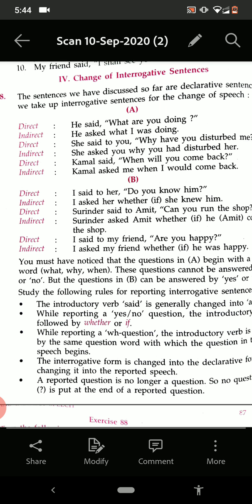Similarly in the B part, you see, I said to her, "Do you know him?" Then said to is changed into asked. I asked her. The answer can be given in yes or no, so we will use whether or if. Anyone will be there. So I asked her if she knew him.